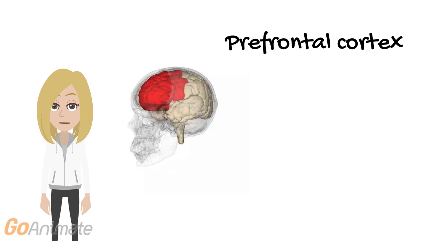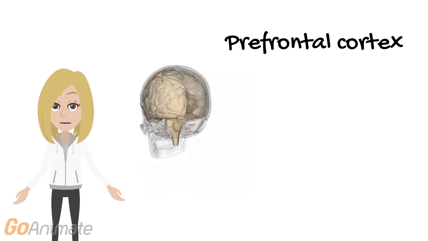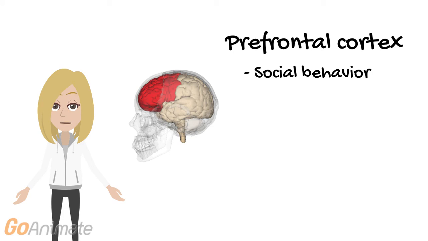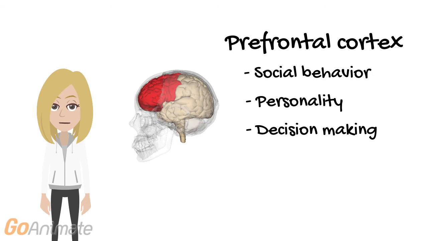So let's go back to our hypothesis and first look at the prefrontal cortex, the area associated with social behavior, personality, and decision-making, as well as its involvement with both ADHD and social play. ADHD is defined as a behavioral disorder by the DSM-5, but it has also been found to be a neurodevelopmental disorder. This means that different parts of the ADHD brain grow at irregular rates, whether this means they develop too quickly or too slowly.